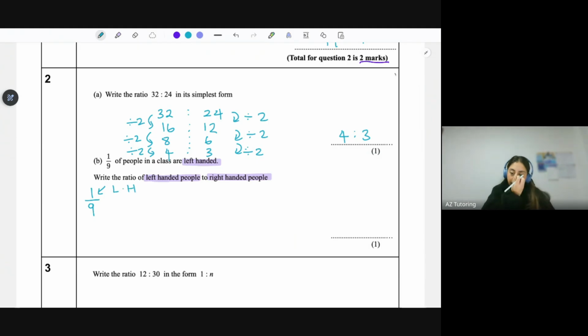So I'm just going to put LH for left-handed, and the denominator, as I talked about previously, tells us the total amount. So I know altogether there's nine people who are either left-handed or right-handed, and out of those 9 people, only one is left-handed. So if I do a bit of basic maths, 9, which is the total amount, take away the one which is the left-handed, that gives us 8 people who are right-handed.